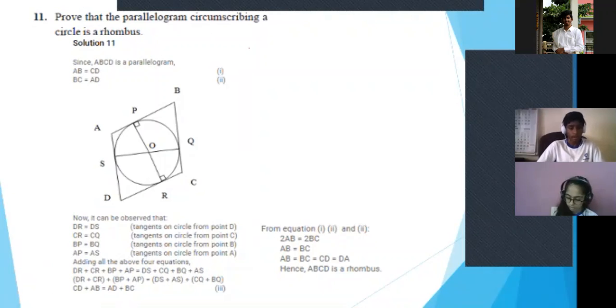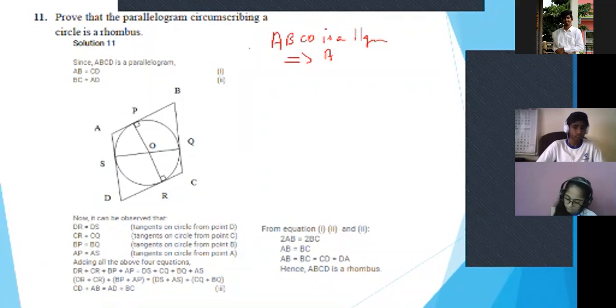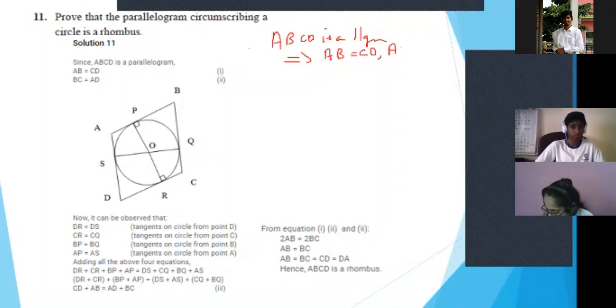Now, since ABCD is a parallelogram, we can say that opposite sides are equal. So AB is equal to CD and AD is equal to BC. Now take up the theorem on tangents. So if we see, we can say that DS is equal to DR. Why, Sia? Why is DS equal to DR?